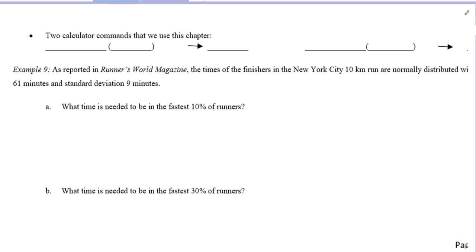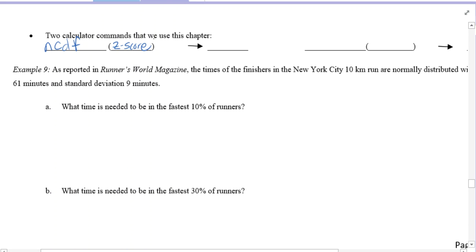And we're going to talk about the two calculator commands that we're going to use in this chapter. One of them we have already seen, which is normal CDF, so I'm just going to abbreviate that NCDF. What goes into that calculator command is a z-score.